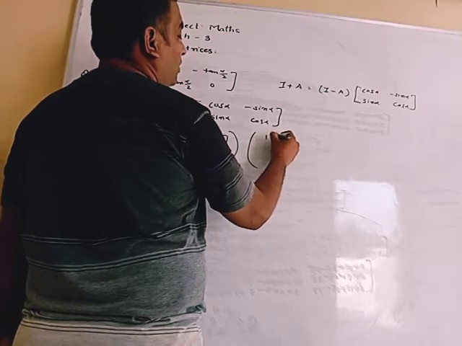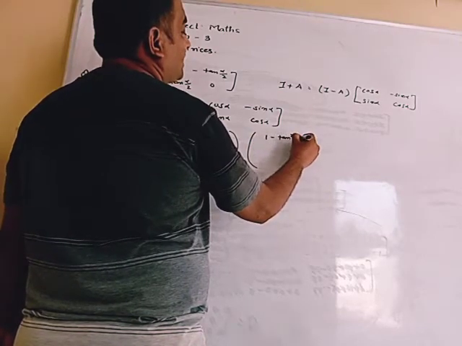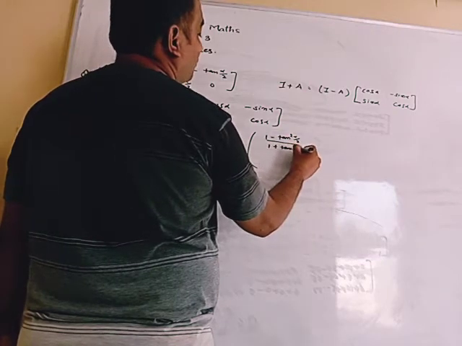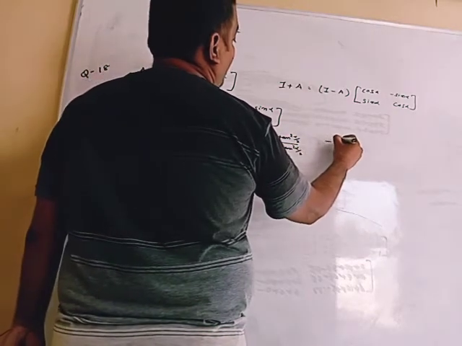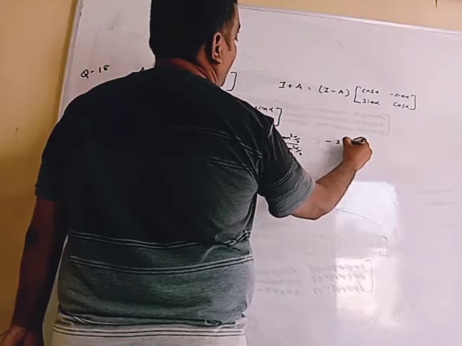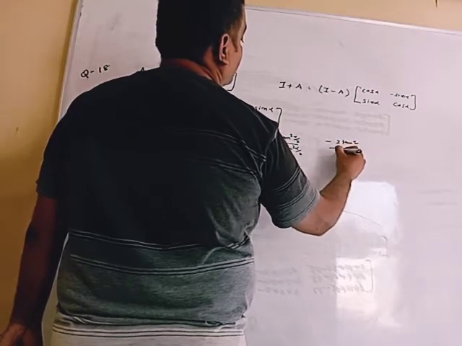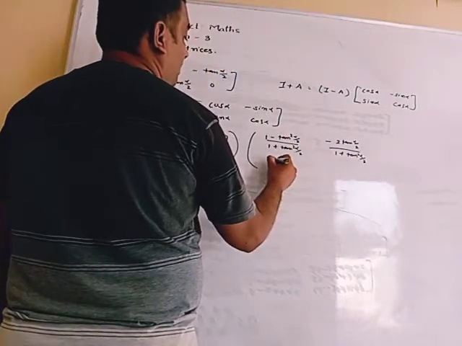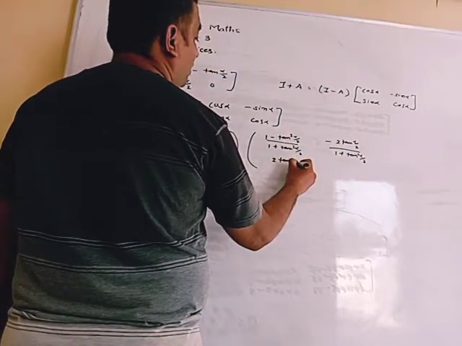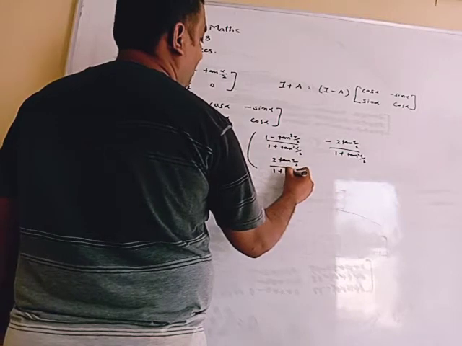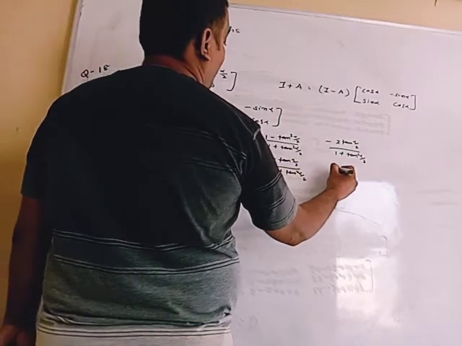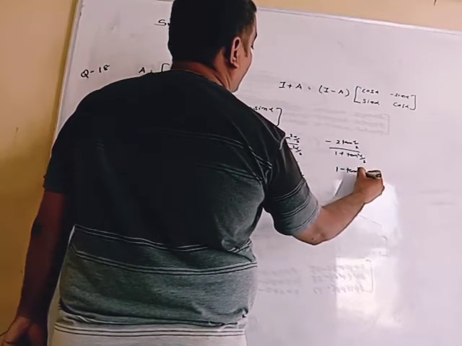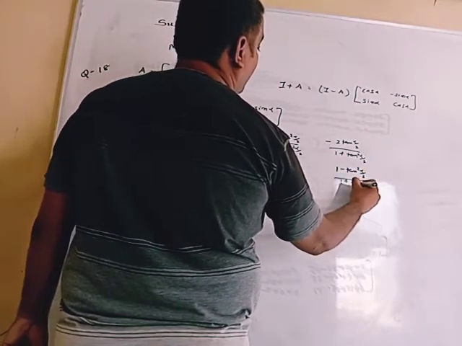Cos alpha formula is 1 minus tan square alpha by 2 upon 1 plus tan square alpha by 2. Sin alpha formula is 2 tan alpha by 2 upon 1 plus tan square alpha by 2.